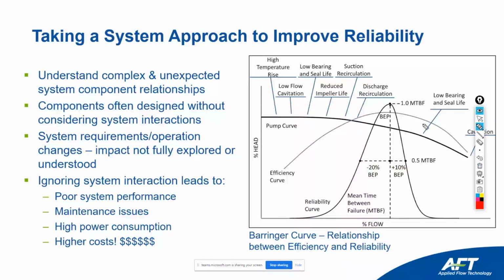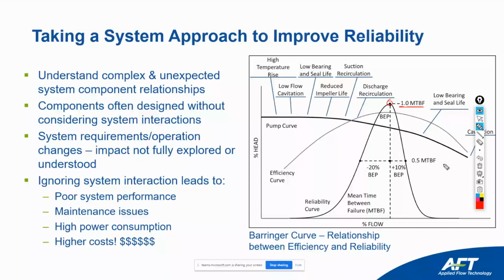If you're able to operate your pump at the best efficiency point at all times, this is known as one mean time between failure, which is just a very qualitative approach to understanding how the reliability of your pumps will be maintained.